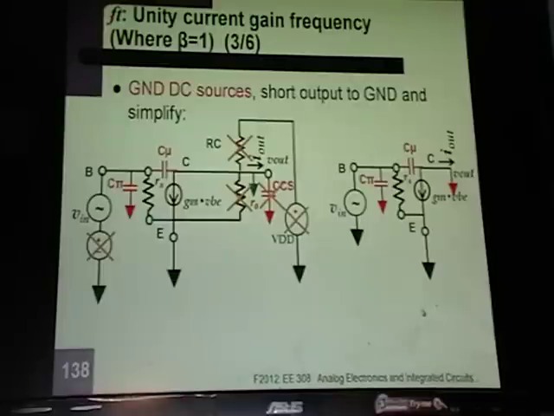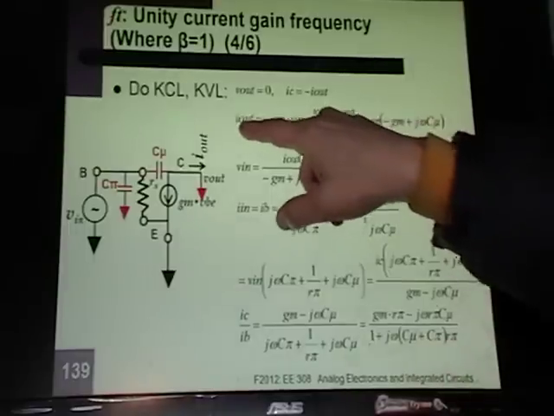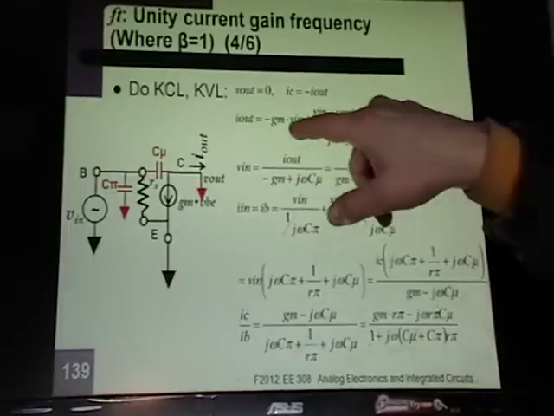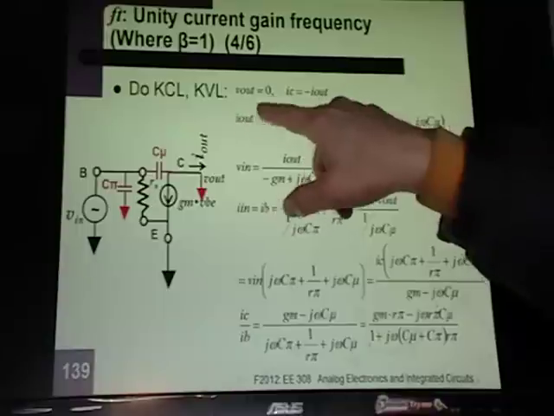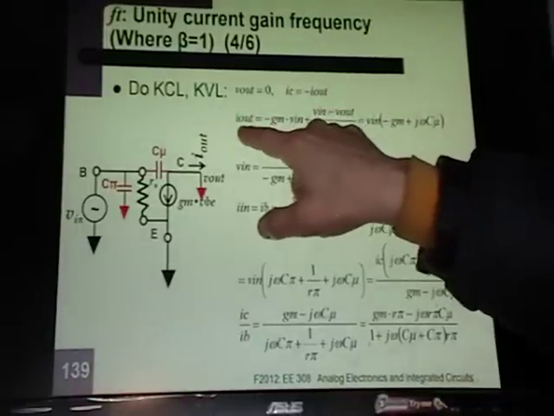Here's our simplified circuit, and we want I out over I in. Let's just set up the equation. I need one equation to get rid of Vn. I need Vn to turn into IB. I out, IC, equals negative I out, but let's find I out first.